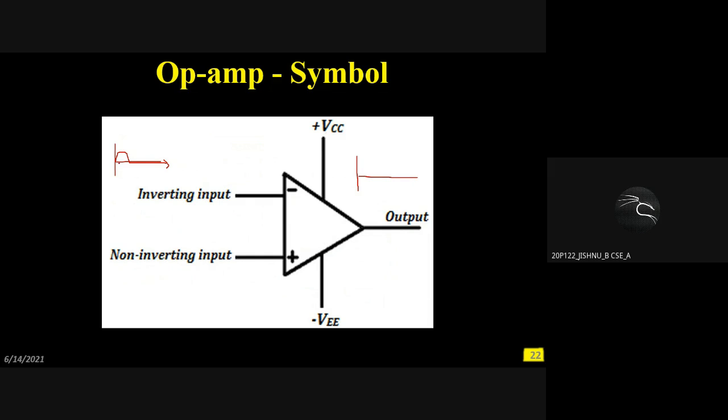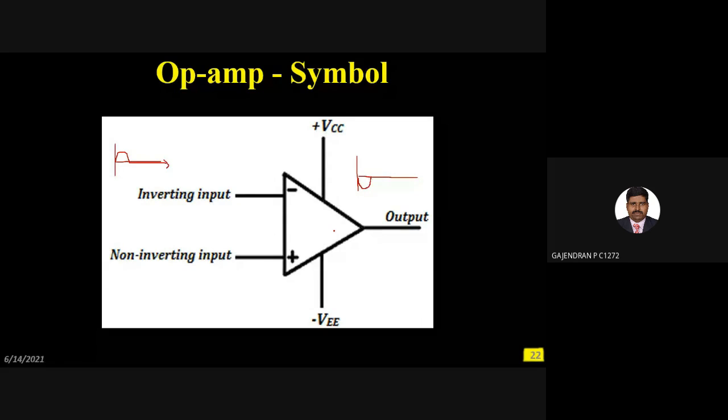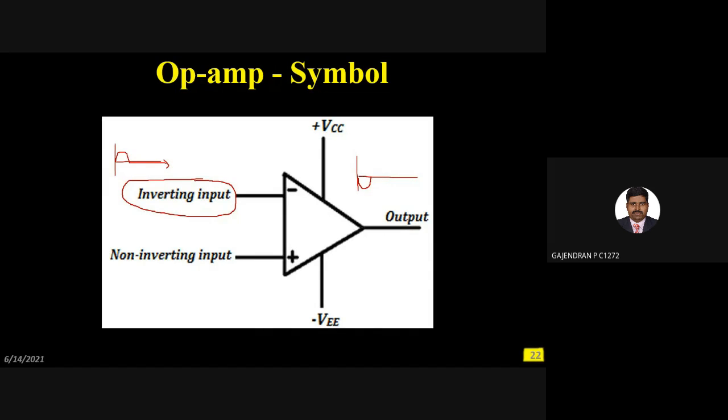Negative going output will be generated. So that is the inverting input terminal, or negative input terminal. If we have a positive going signal at the inverting terminal, the output due to that will be negative going. Clear?